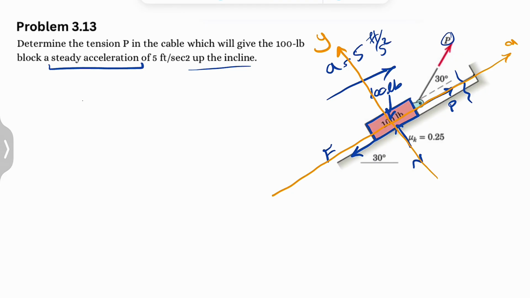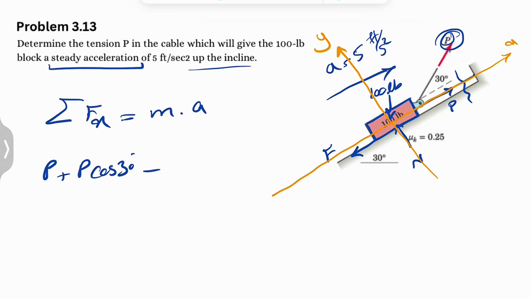And we have our equation, sum of all forces in x equals mass times acceleration, and we're going to have a similar story for the y direction. So let's start with the x. We have the force P that is positive. We have the x component of the other force P, which is P cosine of 30 degrees.